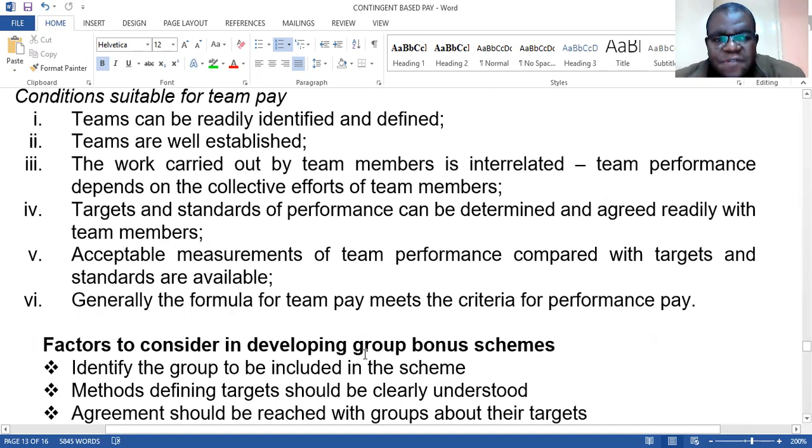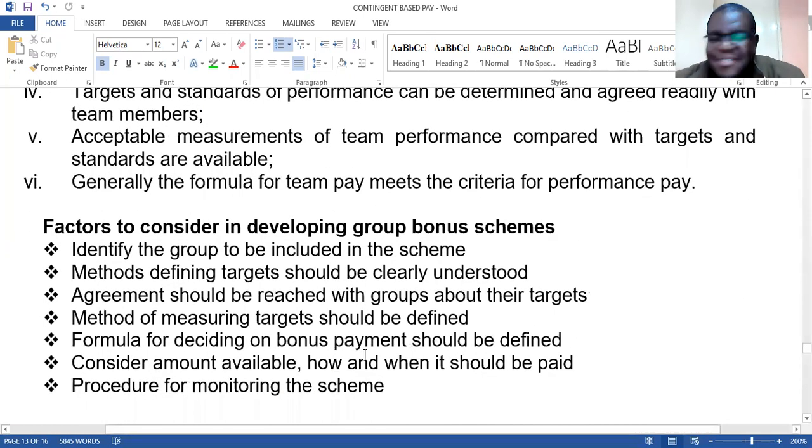So the conditions for there to be team-based schemes: identify the teams, have the teams well established, be clear on the work that the team members should be focusing on, be clear on team targets and standards of performance, be clear on the acceptable measures of performance, and the formula that is to be used in rewarding the team members.